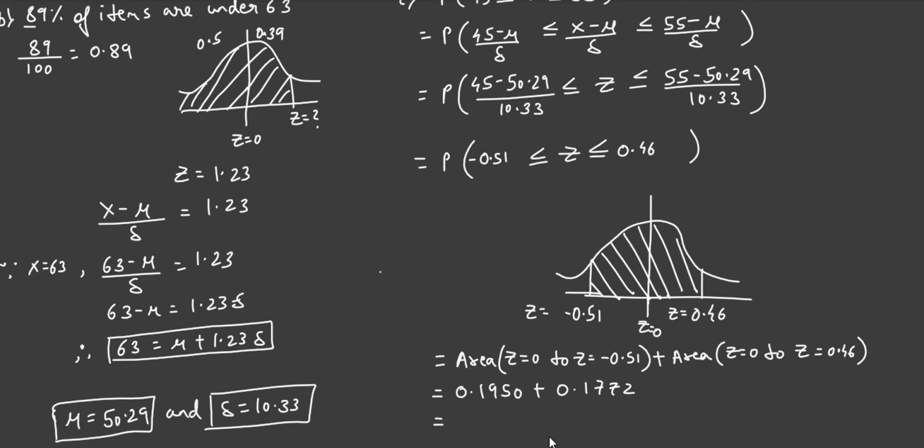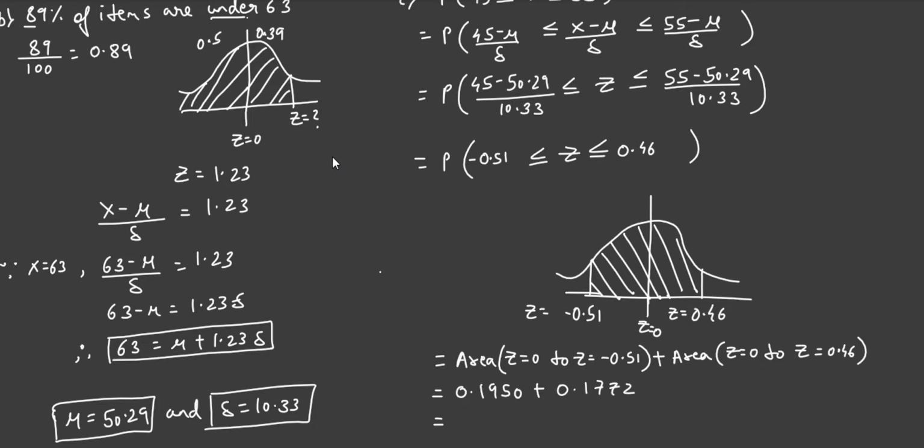Or if anytime it gives above, we have to take the right hand side, guys. Remember, below or under we take the left hand side, above we take the right hand side, whenever we make this normal curve. So here it is under, so we are taking the left hand side. If it was above, we would have taken from this point towards the right, because 89% is more area.